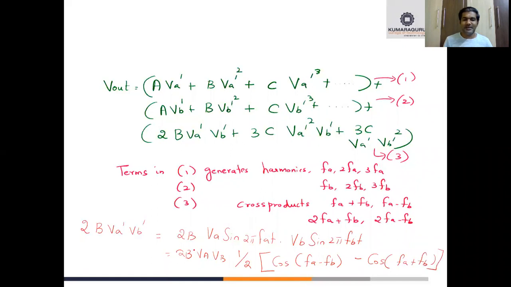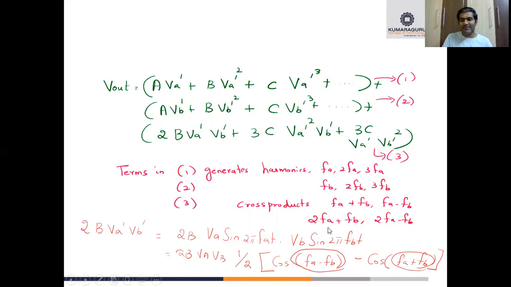So if you see this expansion of 2B VA dash VB dash, you have your frequency components at what all frequencies? At frequency FA minus FB and FA plus FB. So only because of this reason, you have your cross products for this component at FA plus FB and FA minus FB.